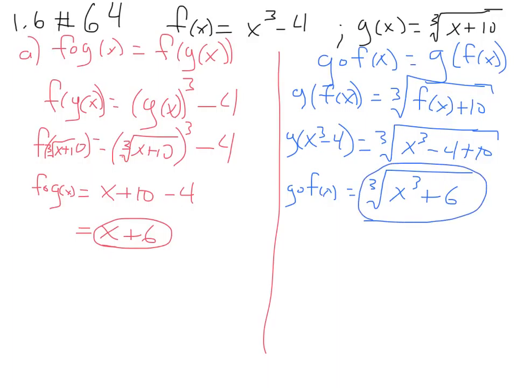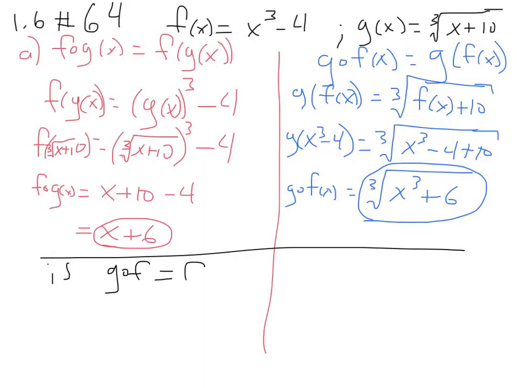Now, in part B, it says: is g composed with f equal to f composed with g? With this one, it certainly isn't. Let's try x equals 0. We get 0 plus 6, which is 6, for the first one.